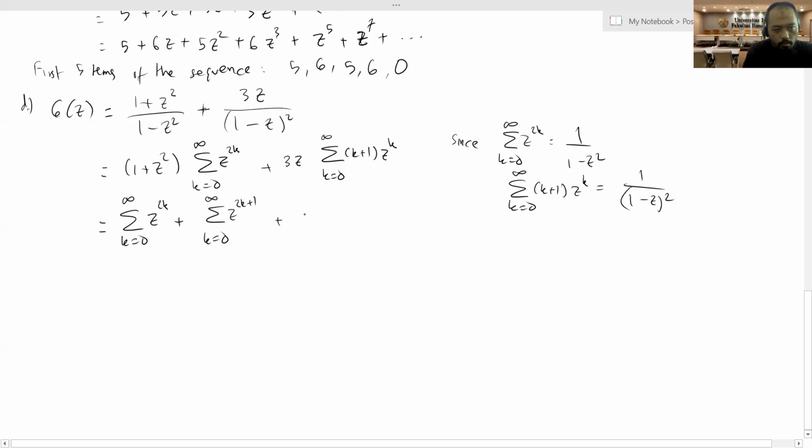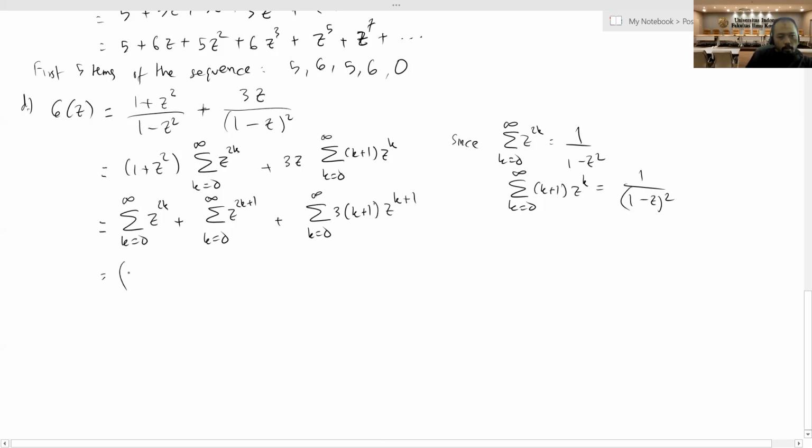And then this becomes... right. So now we could simply expand the summation to make it more feasible.